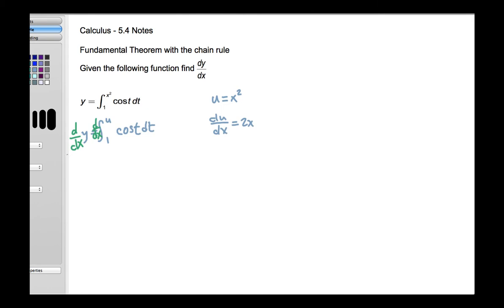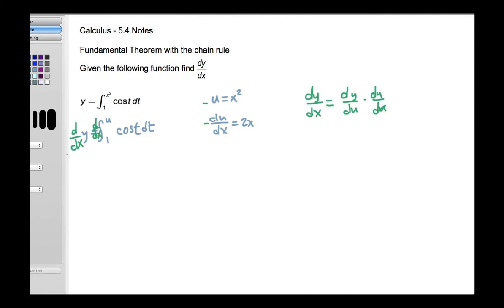The dy dx, that's going to be on the left, no problem. But on the right-hand side, we're going to look at the derivative of y with respect to u times the derivative of u with respect to x. And so that's where things now become a little wacky, because we've got this u up here. So keep in mind, here's my u, here's my derivative of u.